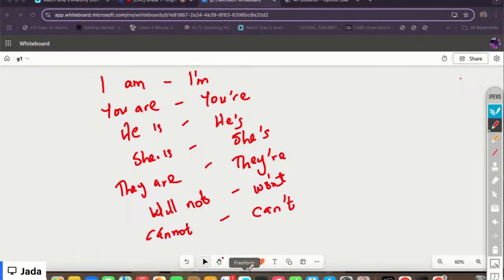We have also do not, which becomes don't, like this. We have is not, which becomes isn't. So you can share contractions that you know.